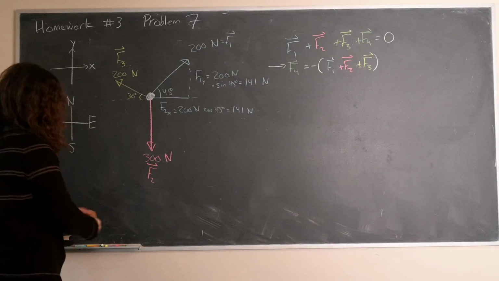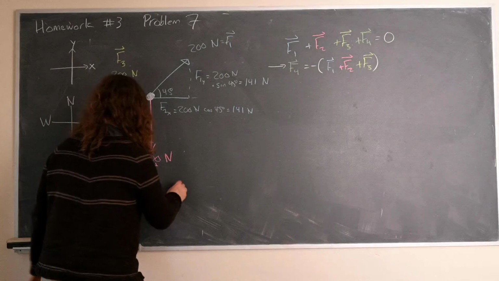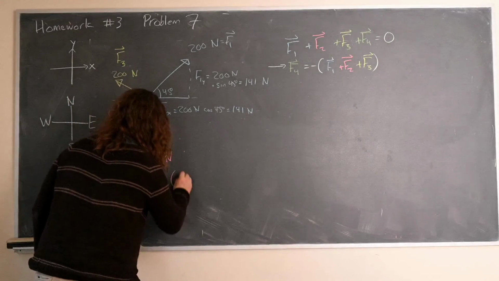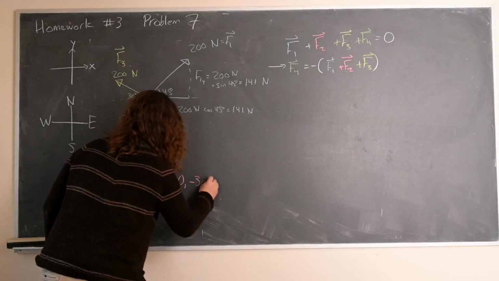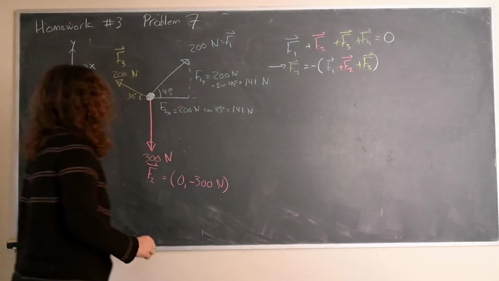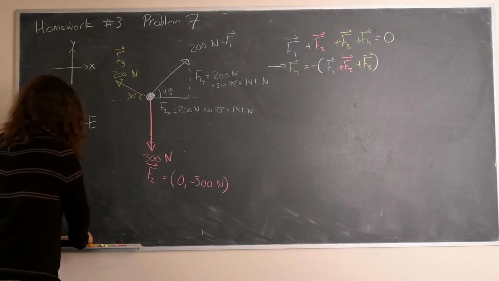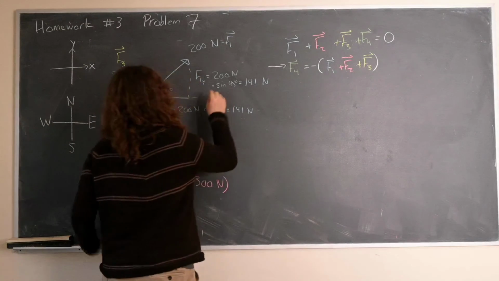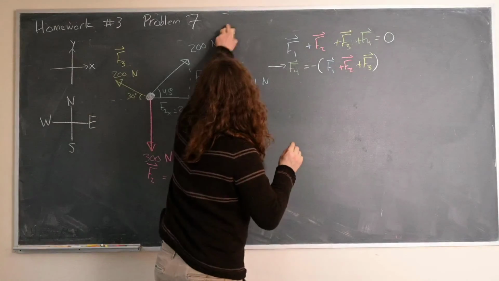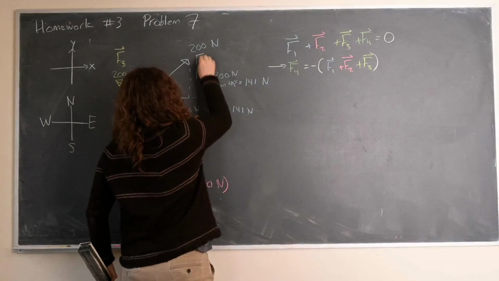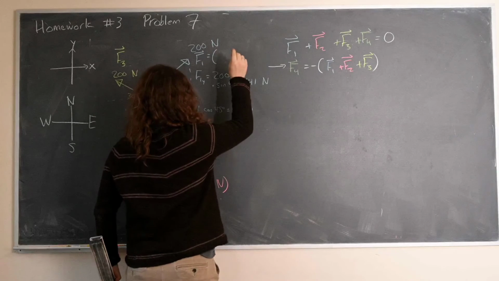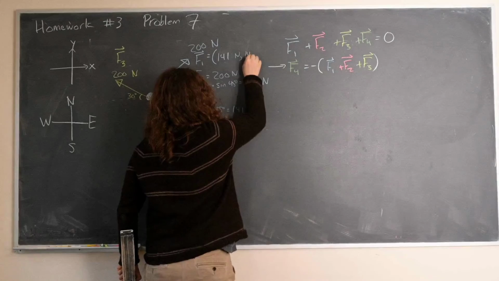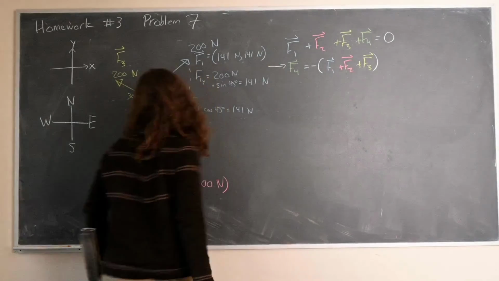Now, F2 is going in the minus y, so F2 is that ordered pair. We could write this like this, so 141 newtons, comma 141 newtons, writing this in ordered pair notation.